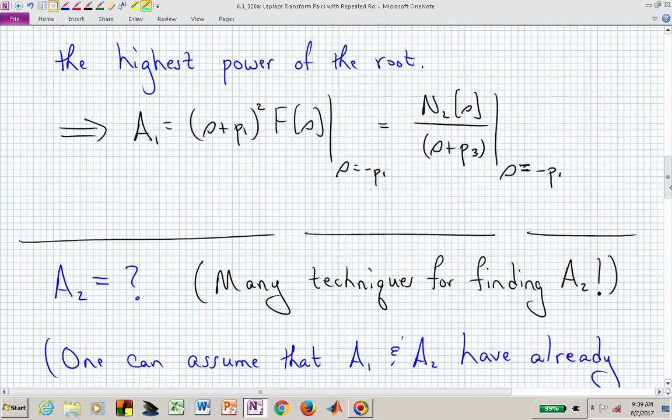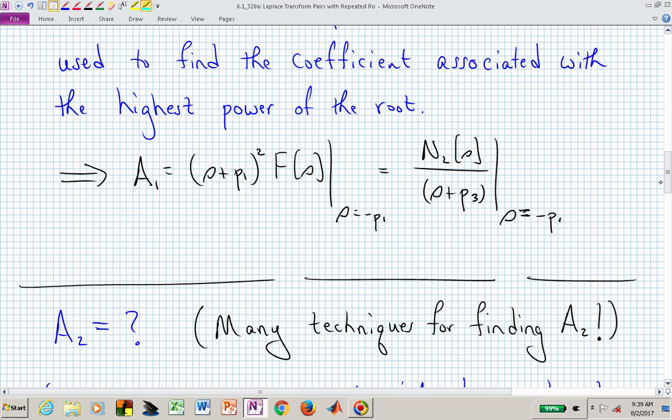We can't, though, use that cover-up method to find a sub 2. If we multiplied through by the factor underneath a sub 2, we would still have an s plus p1 downstairs on the left-hand side and underneath a1, and those two, when we evaluate those at s equal to minus p1, would go unbounded, and that doesn't provide us with an opportunity to find this unknown coefficient a sub 2.